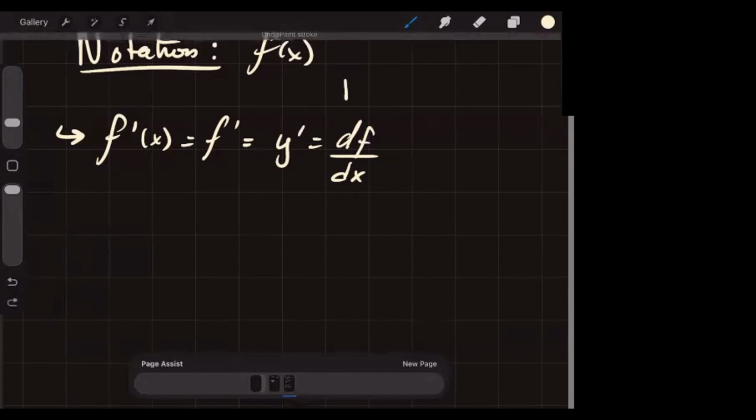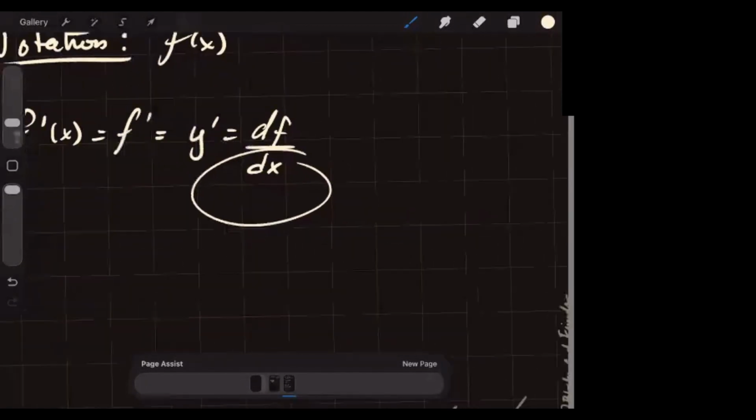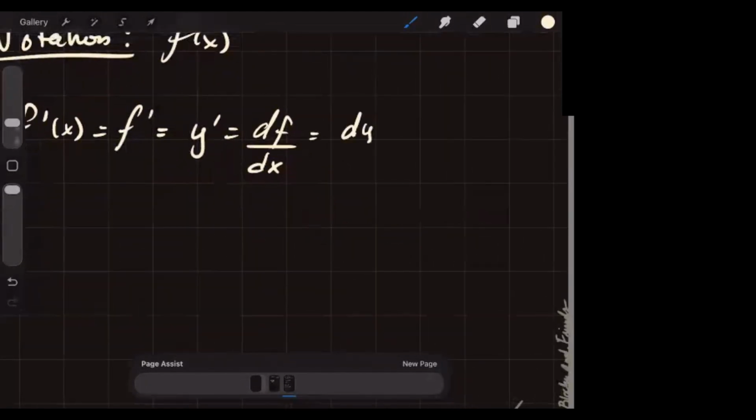That's why we used to use delta y over delta x notation, change in y over change in x, which can also be written as dy dx. Again, the change in y with respect to the change in x, which is just slope. Fancy.